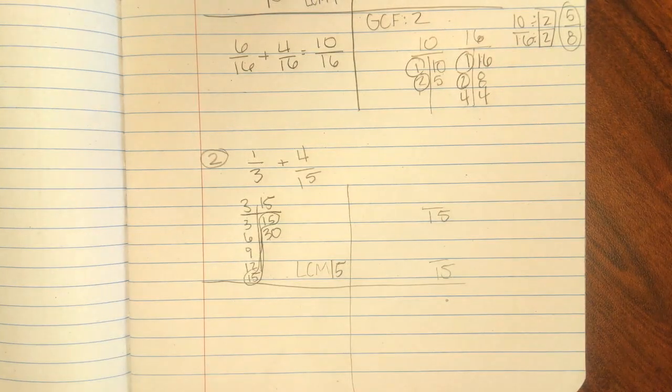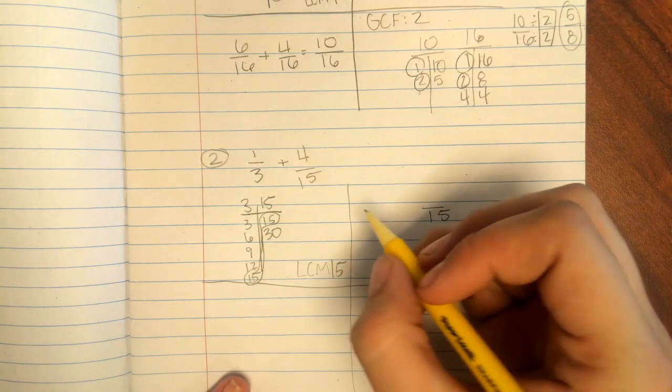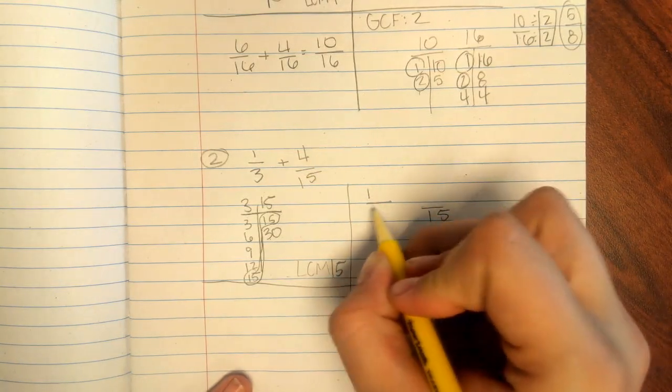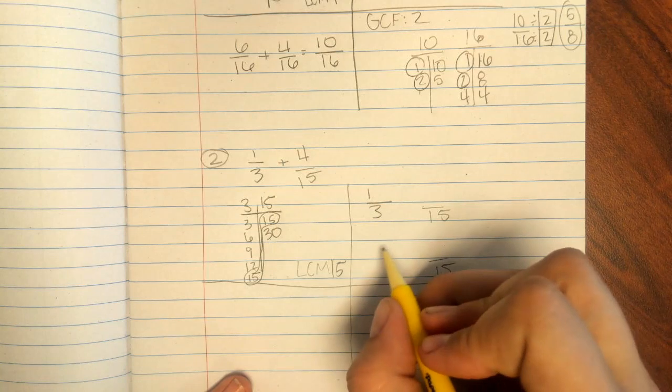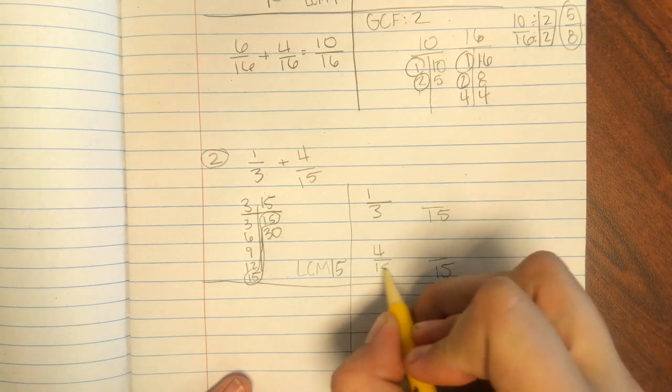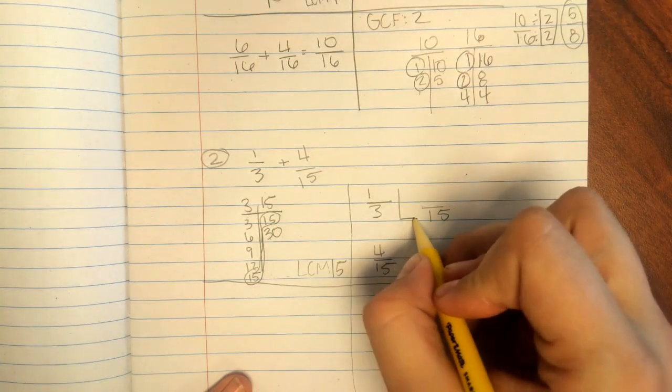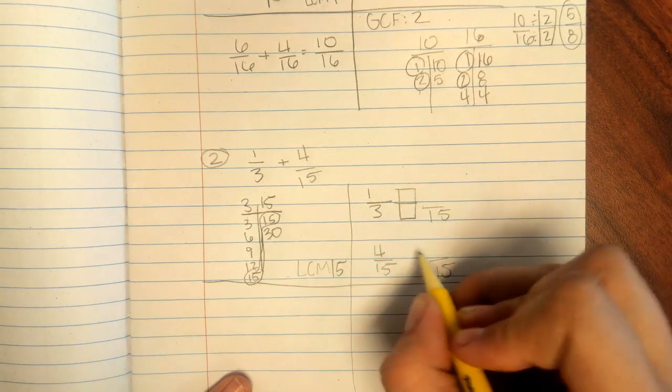Then I'm going to go ahead and bring down my fractions from over here so I can figure out where I got these numbers from. So I draw my dominoes box because anything I do to the bottom, I must do to the top.